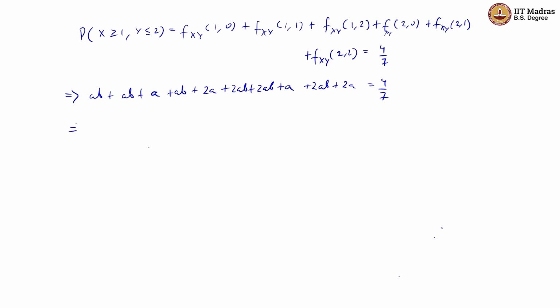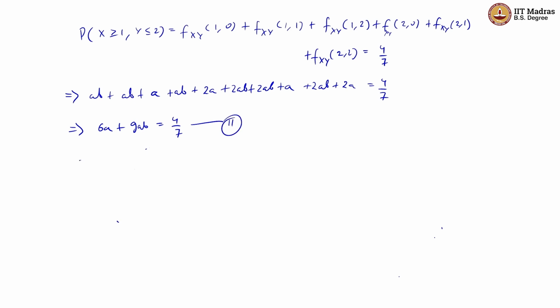On further simplification we will get 6A plus 9AB is equal to 4 by 7. So let us make this equation 2.